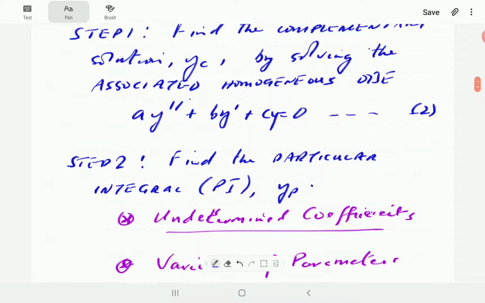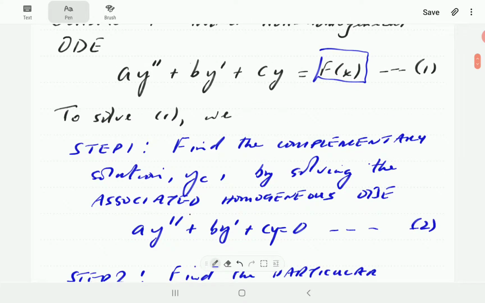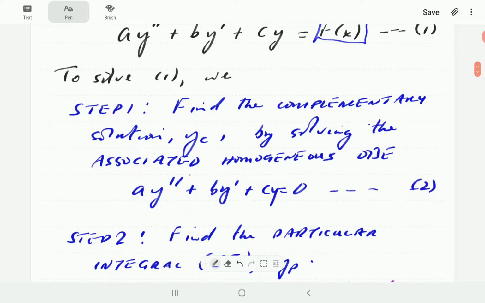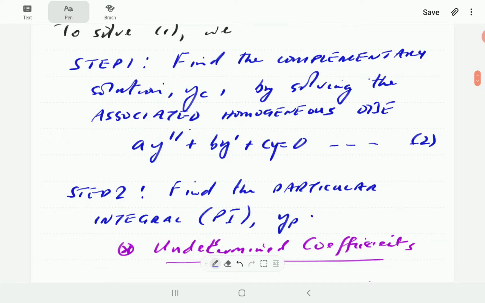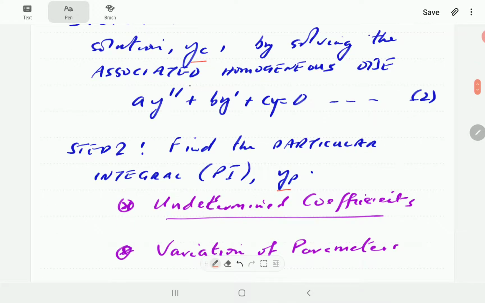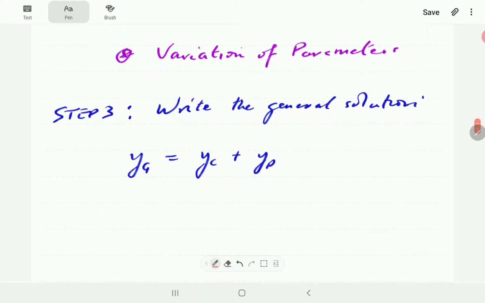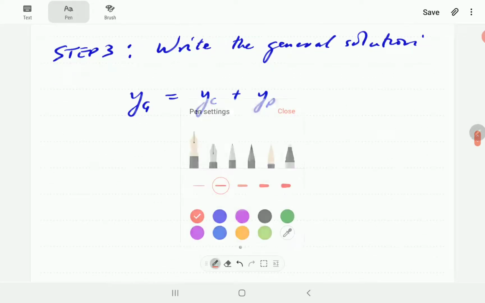Since 1 is a linear equation, it satisfies what we call the principle of superposition. The principle of superposition says that if yC is a solution of the ODE, and yP is a solution of the ODE, then the sum of them is also going to be a solution. So the general solution is going to be given by yC plus yP.